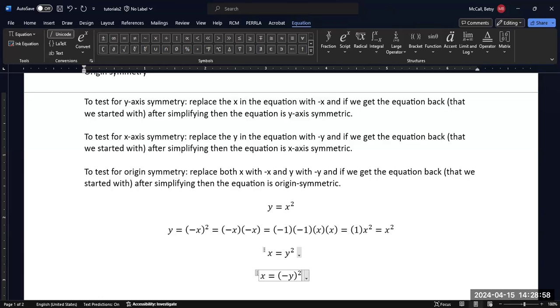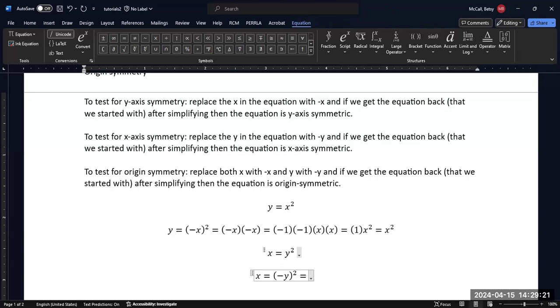So if it was 3 squared, it would become minus 3 quantity squared. So that's the thing that we're comparing. The minus sign has to go inside the square. It's not minus on the outside of x squared or minus on the outside of y squared. That's multiplying the whole equation by a minus sign, and that's not the same thing.